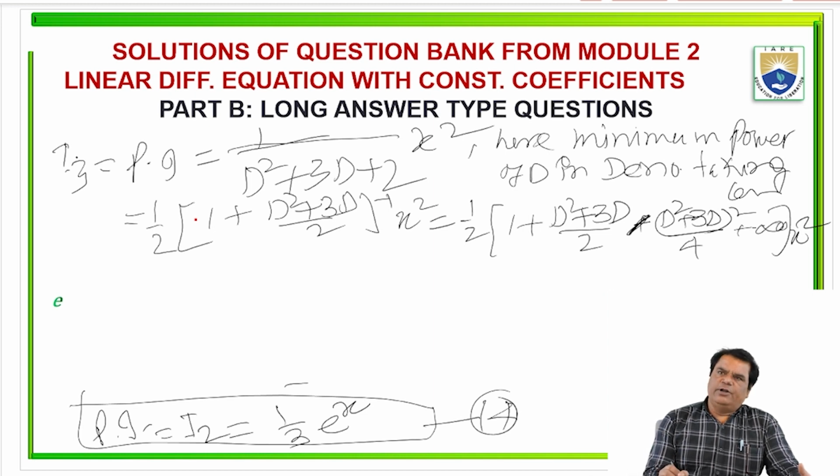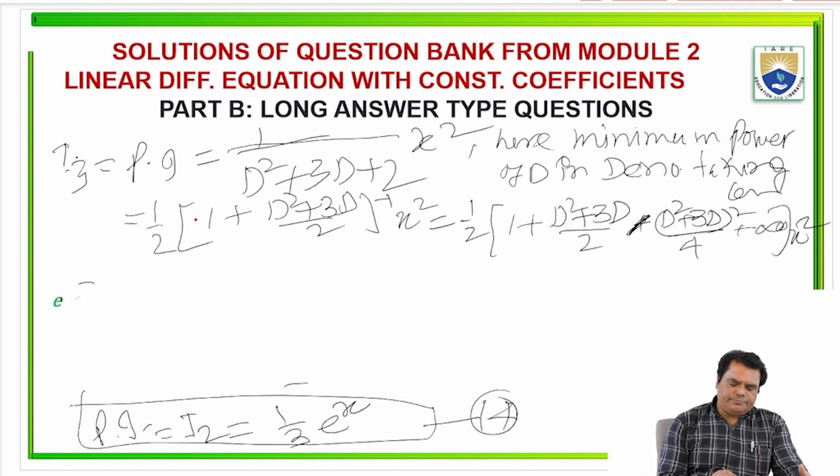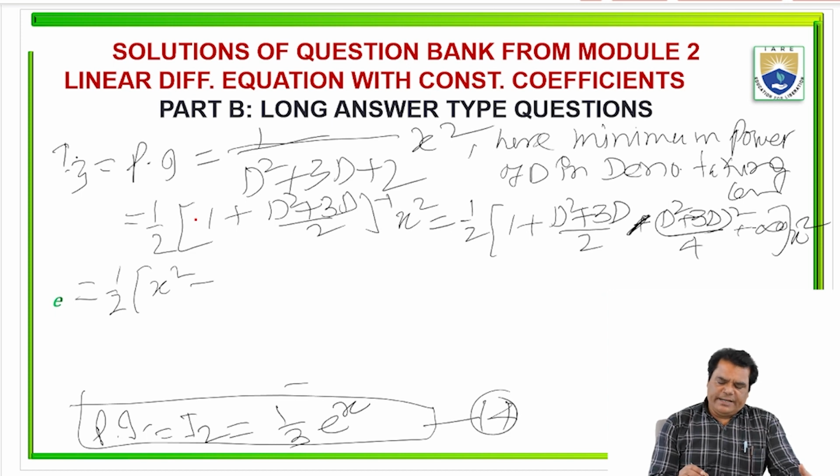We are taking only this bracket. The minimum power is D squared and the maximum power is D to the 4 of this bracket. The next bracket has minimum power D to the 6 and D cubed and maximum power D to the 6. So we write only this bracket. So after opening this, 1 upon 2 x squared and 1 minus sign.